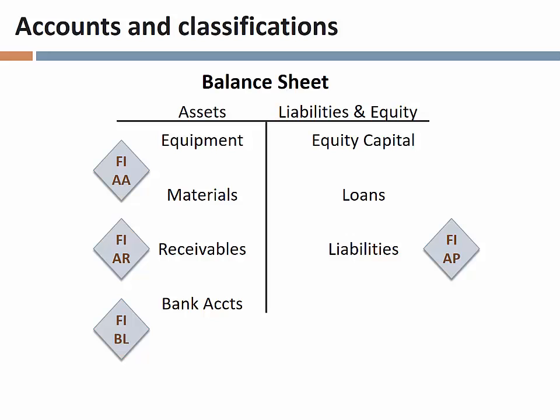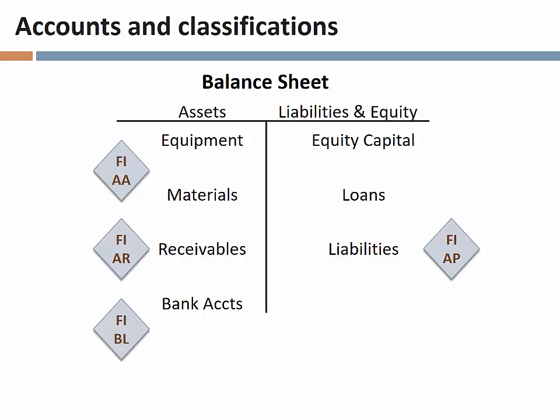Bank accounts are assets. So right away you should be able to tell, okay, so that means that if I buy materials, I know I'm going to be debiting some kind of material account. If I put money in the bank, I know that I am going to be debiting a bank account to reflect an increasing value.